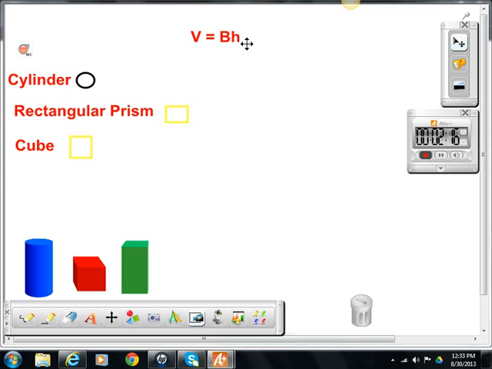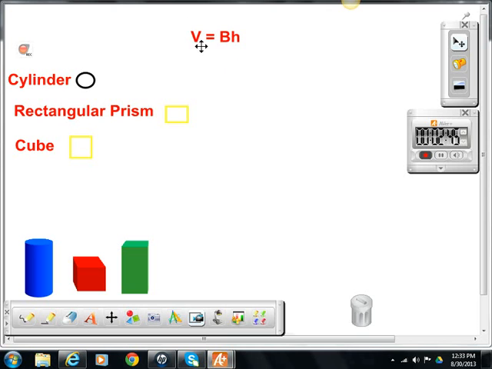The formula for the volume of these three figures can be this one general formula. Volume equals the area of the base times its height.